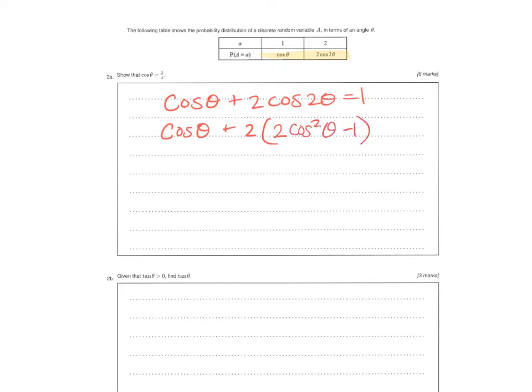So we are replacing cosine of 2 theta with 2 cosine squared theta minus 1, because they are equal to each other according to our formula sheet. So now we are going to distribute. So we have cosine of theta plus 4 cosine squared of theta minus 2 equals 1.